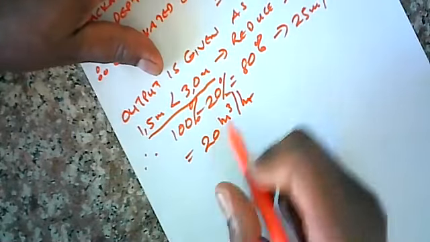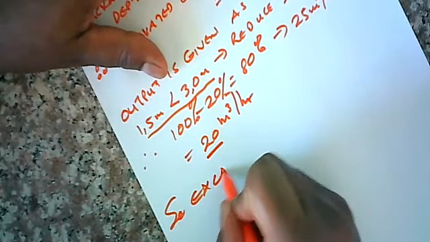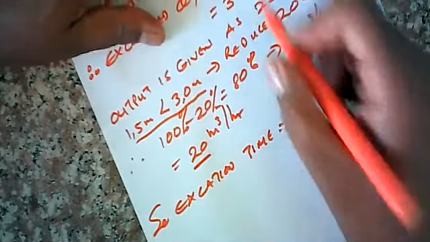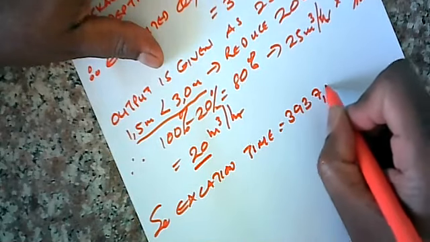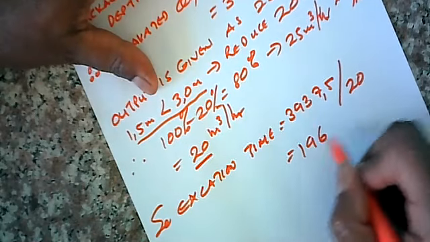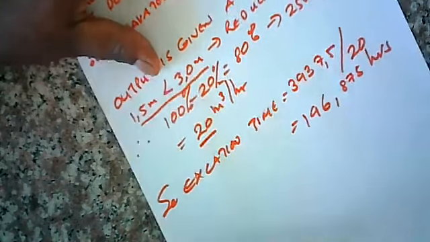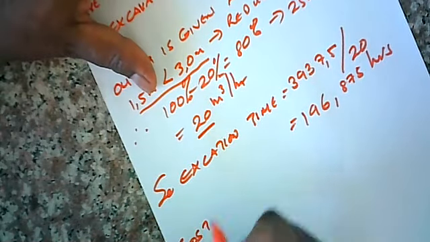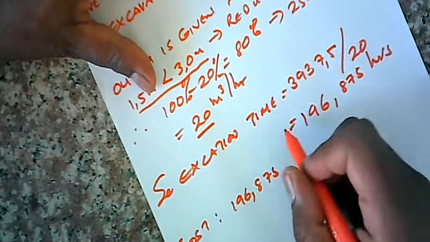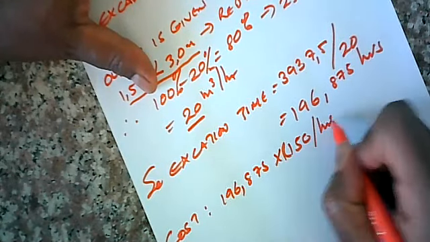All right, so how long does it take now if it's reduced? So let's say excavation time is equal to, what was that number? 3937.5 divided by 20, and we're getting 196.875 hours. And if you have the hours, then you can estimate the cost. You're looking at 196.875 times 150 Rand per hour as a given.